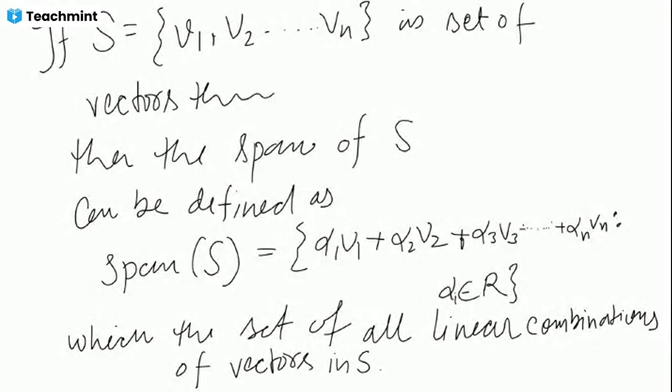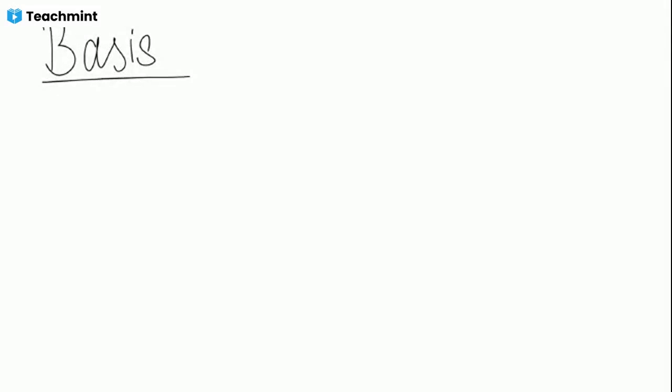So we can express a basis of a subspace, or you can say a vector space, as the set of vectors that span the vector space and is linearly independent. These vectors form the span, and in span we have all the linear combinations, but in basis we have only those linear combinations in which vectors are linearly independent.